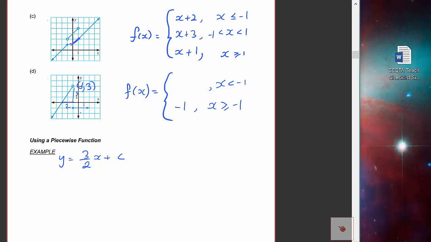So 3 is going to be 3 over 2 times -1 plus c. Don't forget you've got a calculator here, so that makes all these things a bit easier. And that would give me that c is 6 over 2 plus 3 over 2, which is 9 over 2. So that gives me 3 over 2 x plus 9 over 2. And that's for x less than -1.